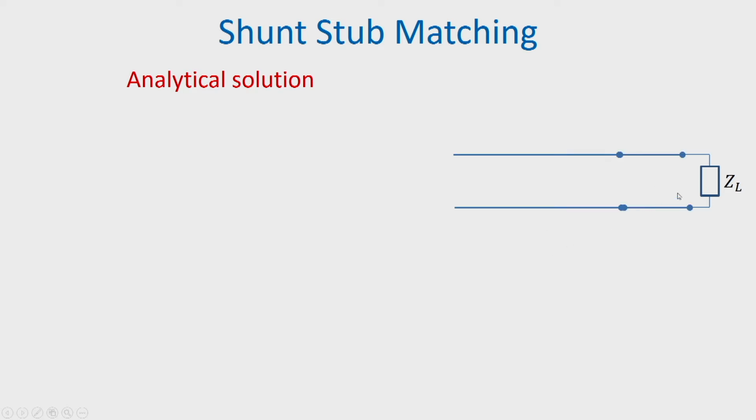So, we start with an impedance ZL. Now, this ZL is to be matched to a transmission line having characteristic impedance Z0 using a shunt stub.